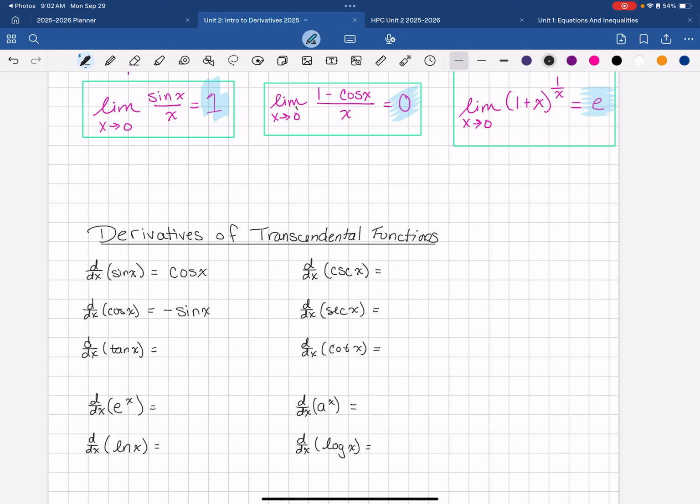All right, the other one that's one of my favorites is the derivative of e to the x. If we were to sketch this one out, or solve it algebraically, which normally we would do with the board if I were here, we would find that the derivative of e to the x is just itself.